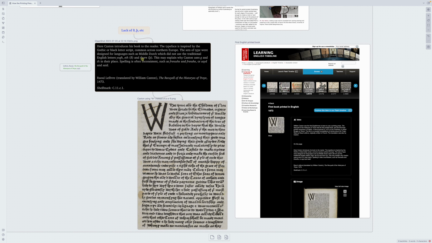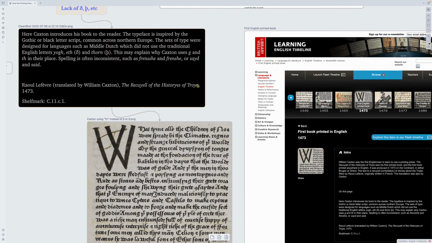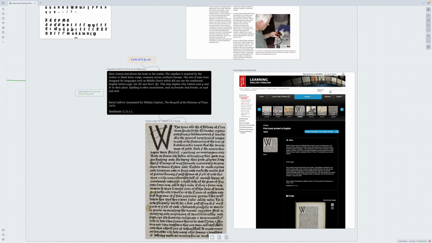So people like Caxton here, even though this isn't a work that's being done on a printing press, you can start to see that things like 'the' are starting to be spelled by people like Caxton with the TH, which is interesting. And part of the reasoning why that is, I will get to in just one moment.